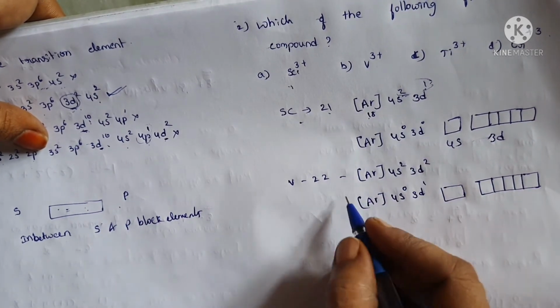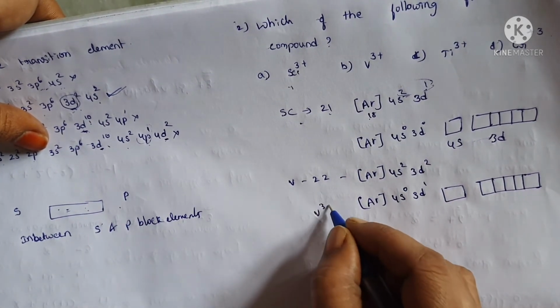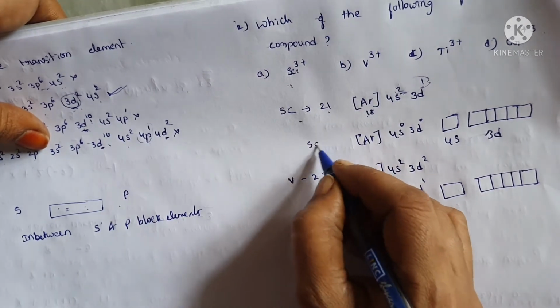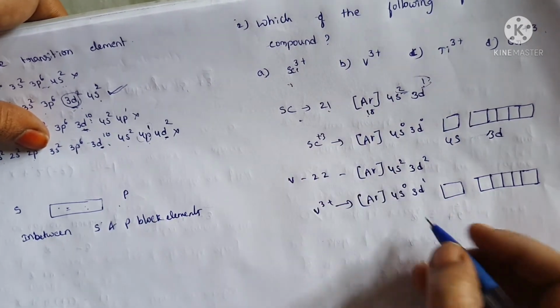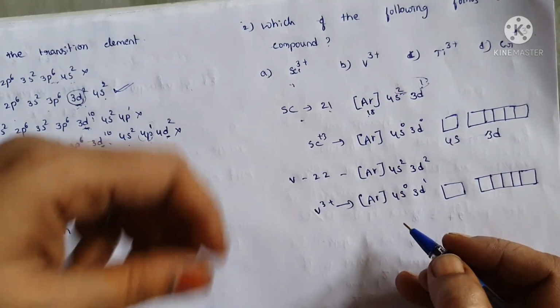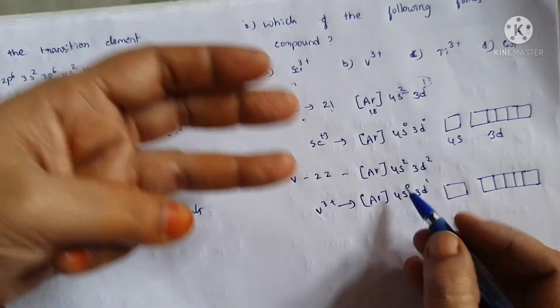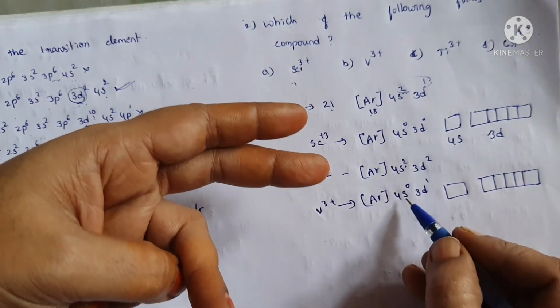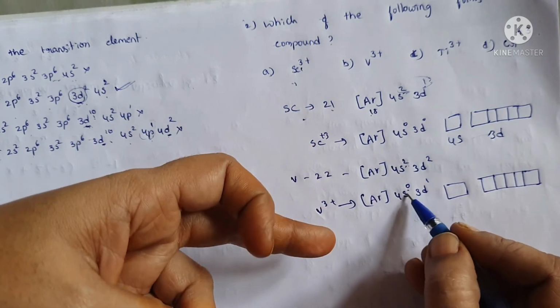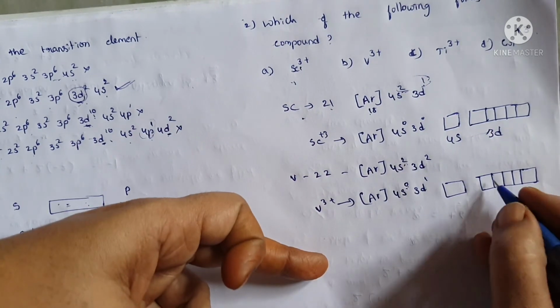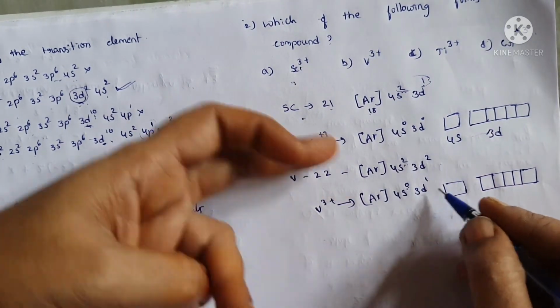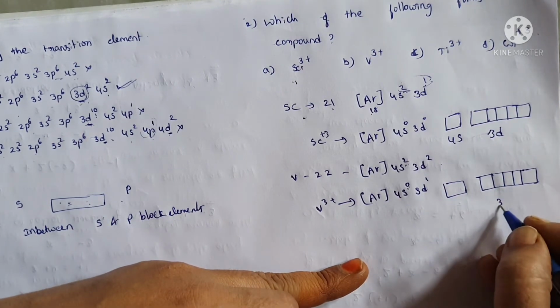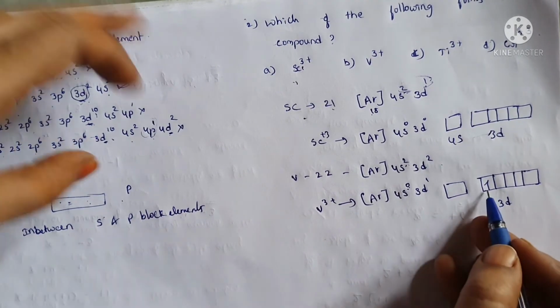Because this is vanadium plus 3, and this is scandium plus 3. Here plus 3 means it gives 3 electrons. 4s2, 2 electrons, it becomes 0, and in 3d2 there are 2 electrons, it will give 1 electron, so in 3d there is 1 electron.